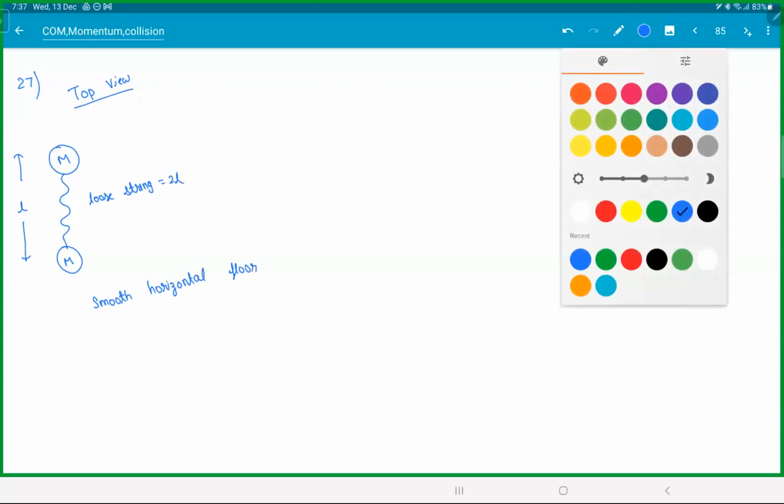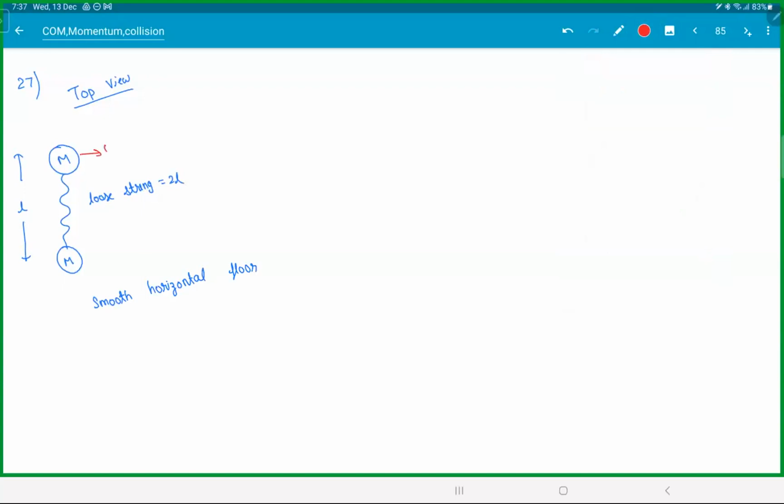Then what you did, someone kicked this with speed u. Let's make it 2m. That is even more fun. They kicked that upper ball with speed u. Find the velocities just after the string becomes tight.